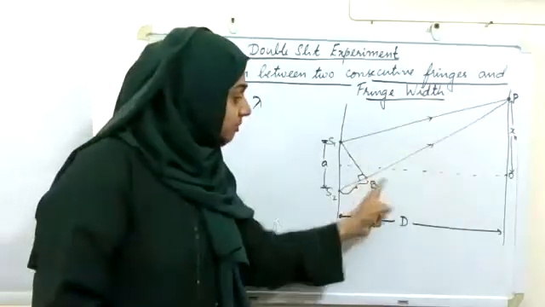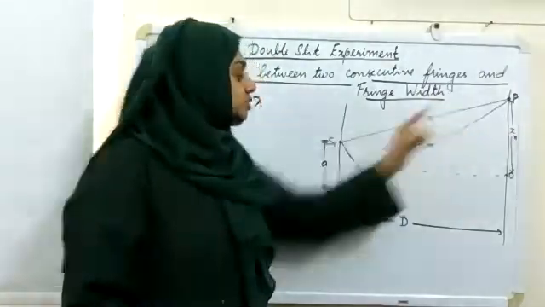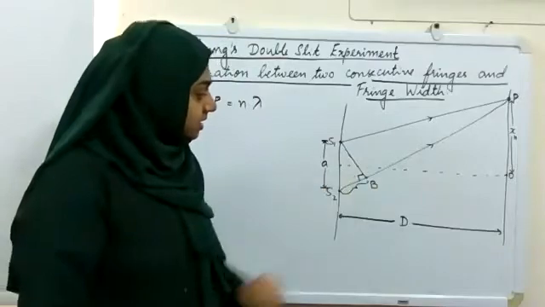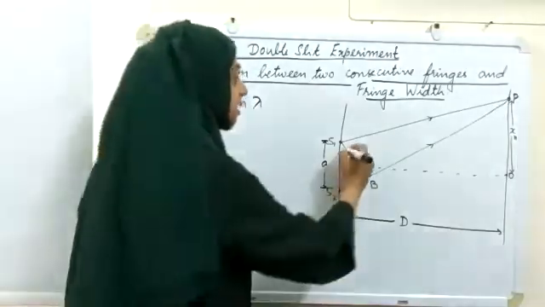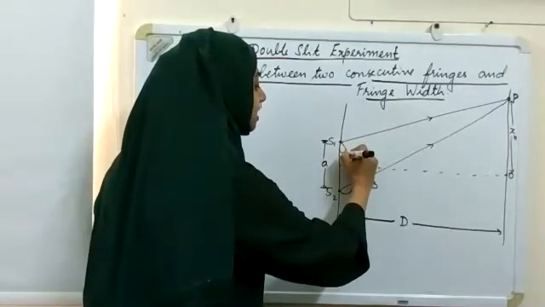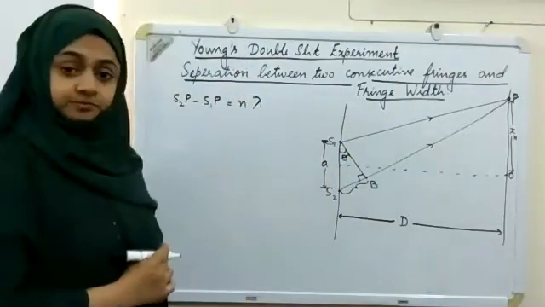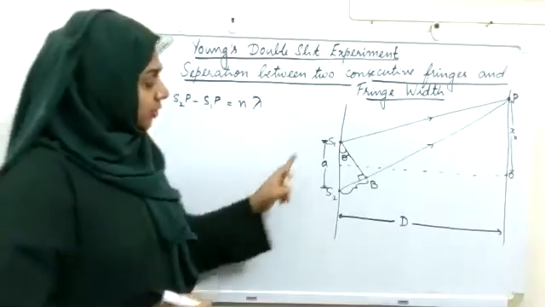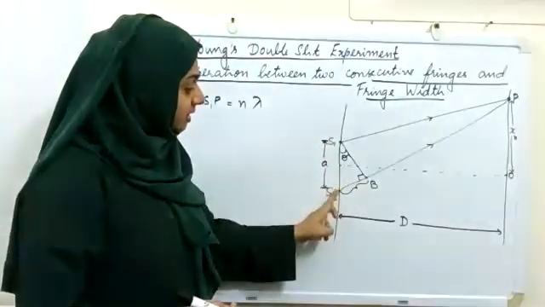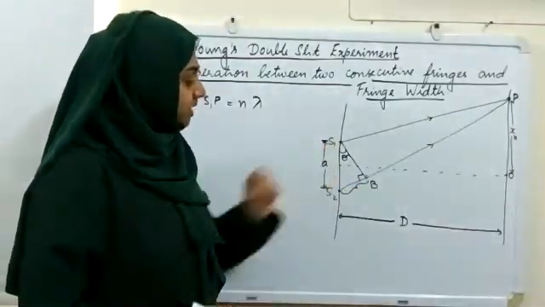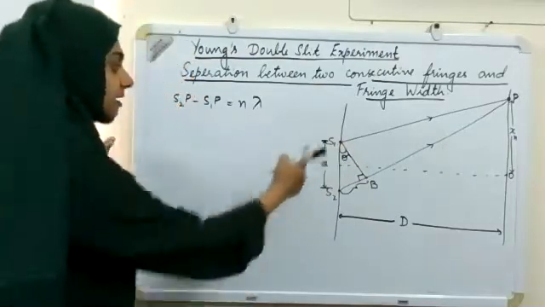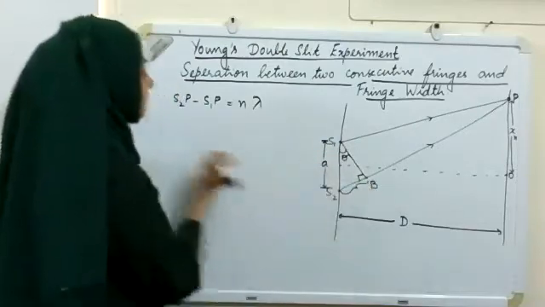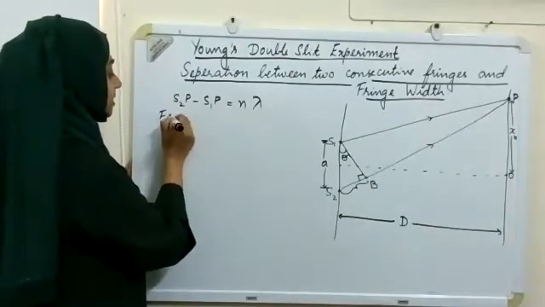Why? Because BP is equal to S1P and this angle is 90 degrees. So this is the path difference. And let me take this angle as theta. So we have a triangle here, S1 S2 B. Look at the triangle S1 S2 B.